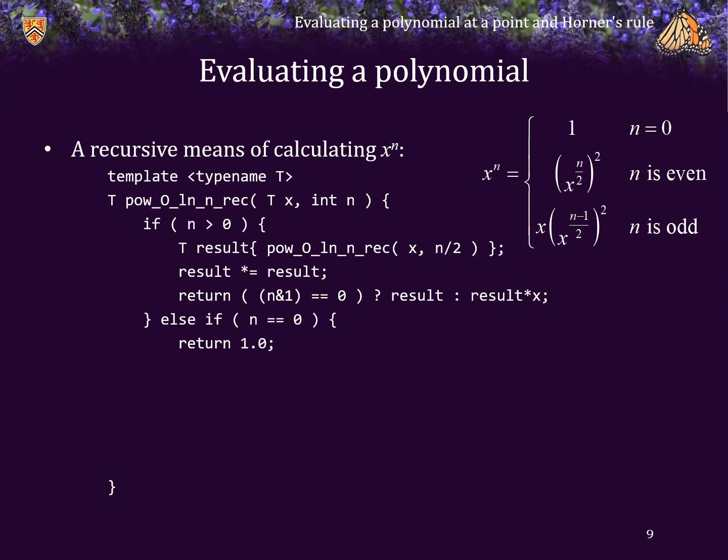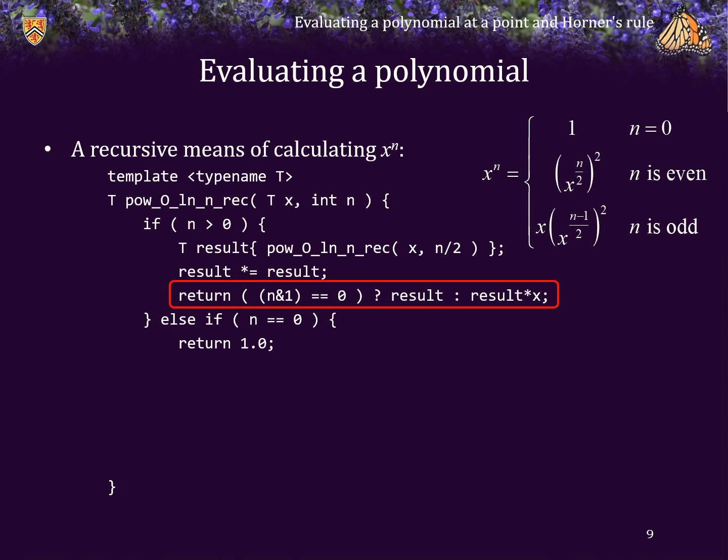So just to emphasize what's happening here, this calculates x to the n over 2. And if n is odd, then the result is truncated. This simply squares the result.